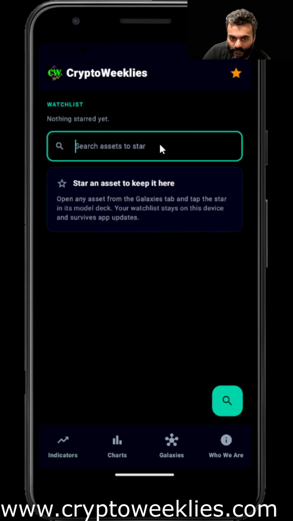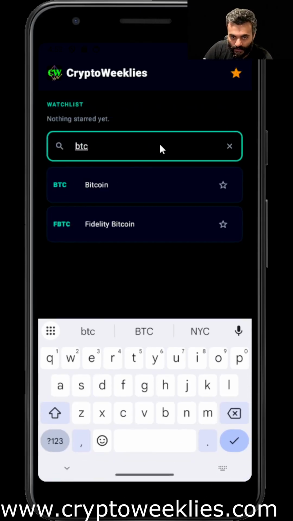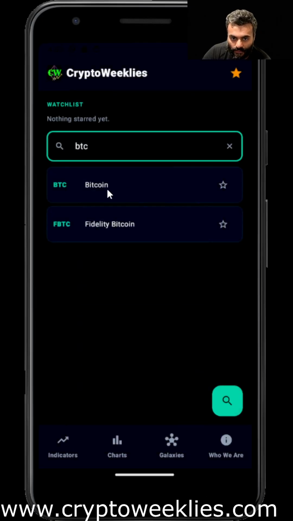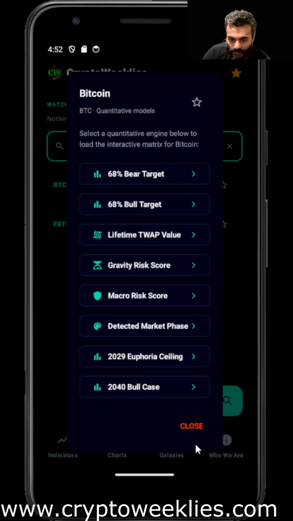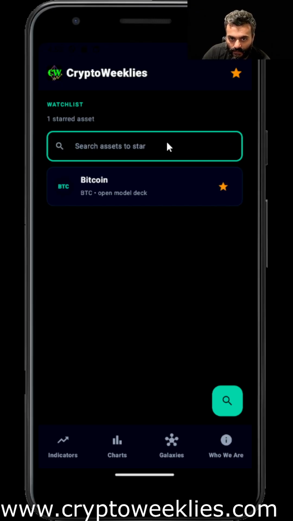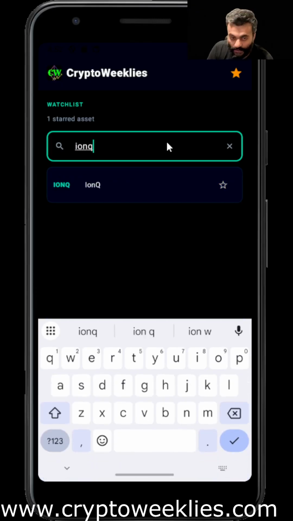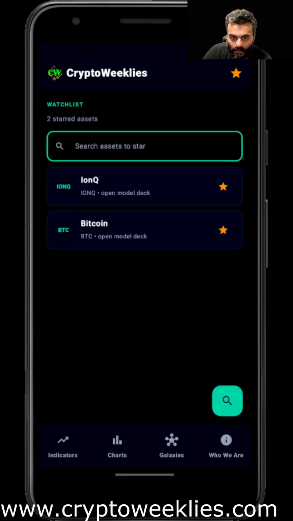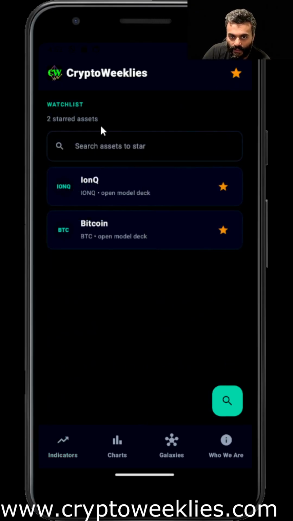You can favorite them if you are interested in, let's say, only Bitcoin, and you can also have a deep dive over here on what you would like to see, and have this chart picked as well, and then have another asset. So, for example, from quantum computing, you like these assets, and then just go over here rather than looking at the entire app. You'll find these assets over there as well.